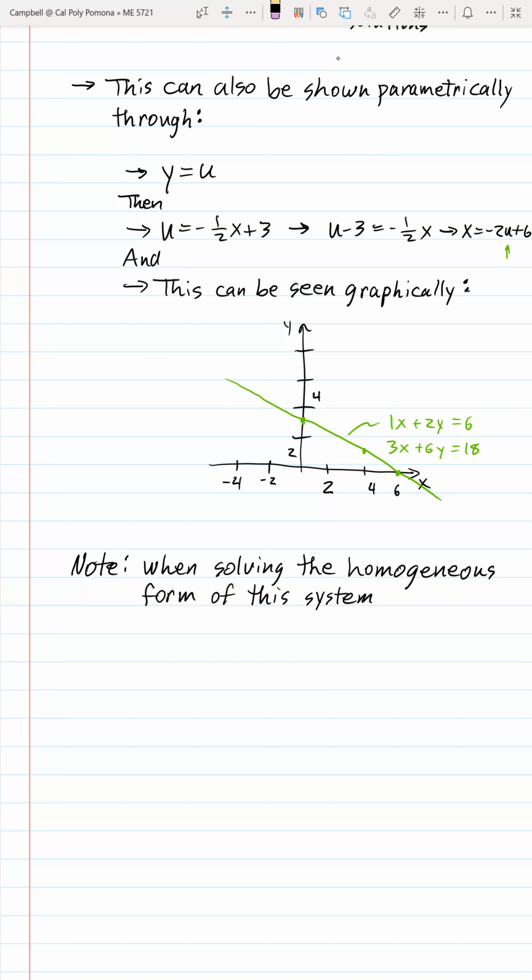The other case is that we have infinitely many solutions, albeit the solution space may have a reduced dimension compared to the original entities that we were working with. Okay, so nonetheless, let's go ahead and dive into this idea of the homogeneous form of the system.